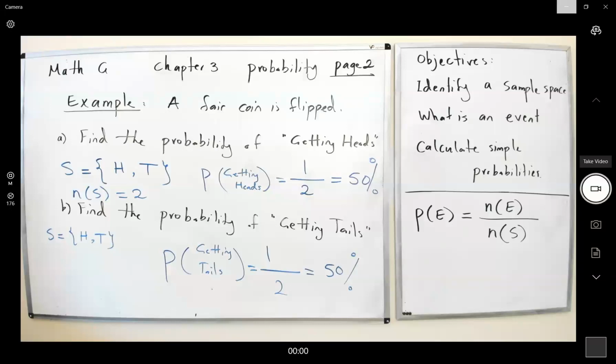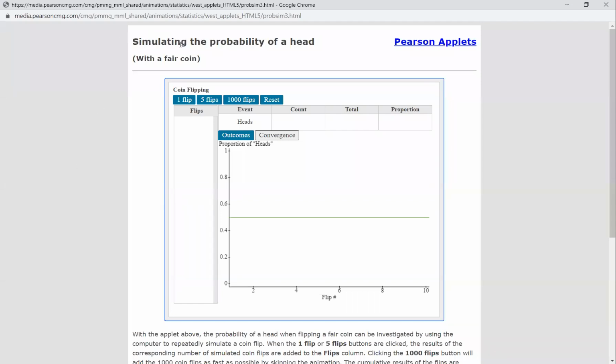There is a simulation posted for you on Canvas, simulating the probability of a head. Very well, in this simulation, we have different options that we can select from. Flipping a coin, 1 flip, and the probability of getting head.